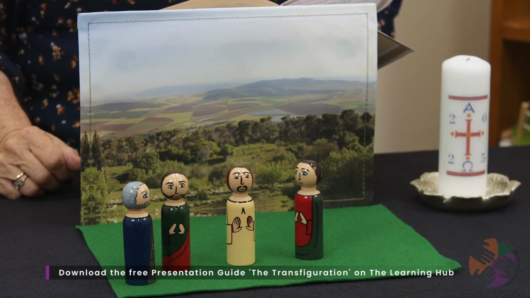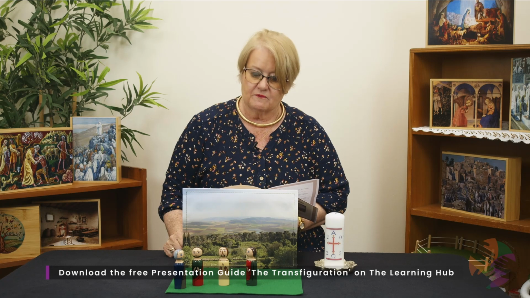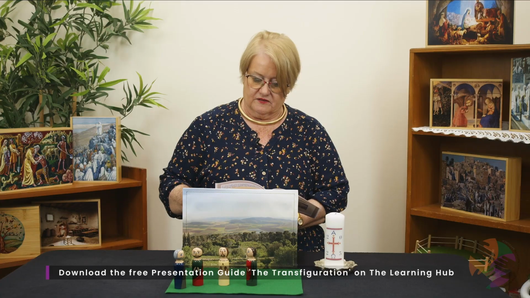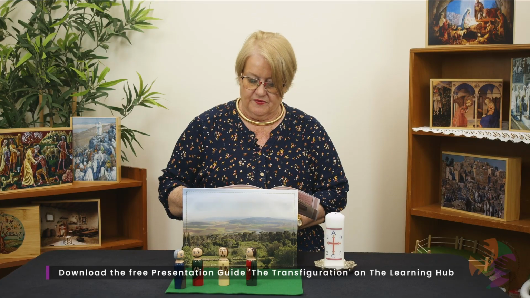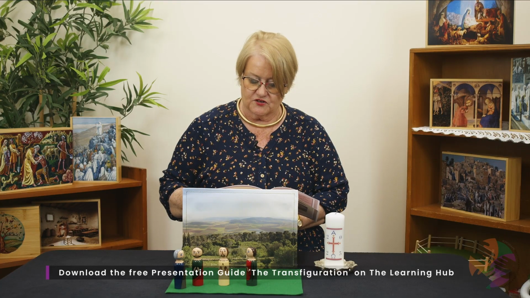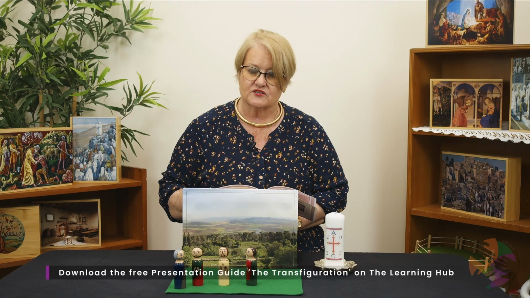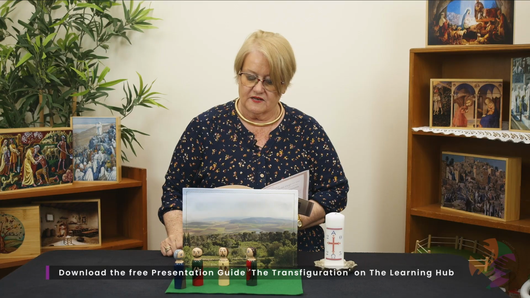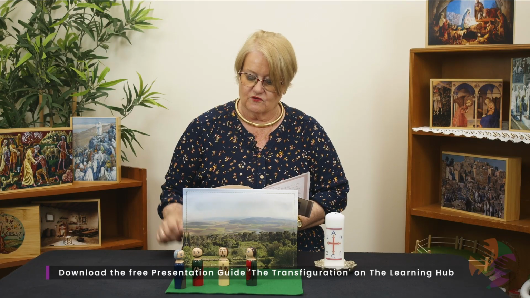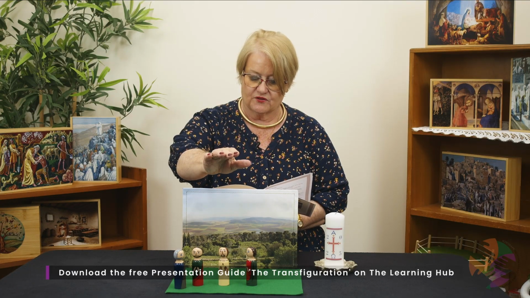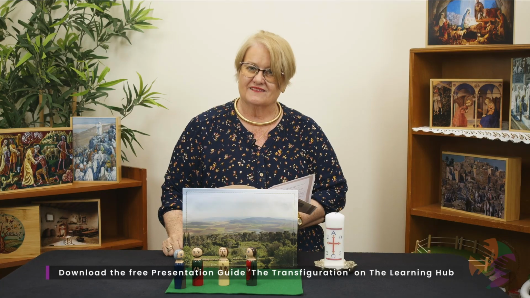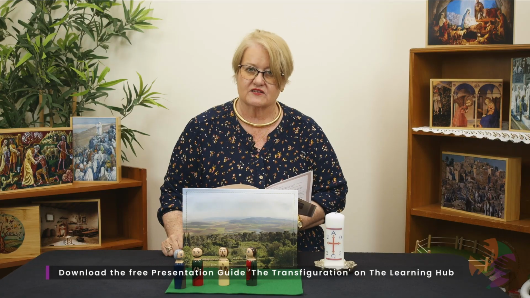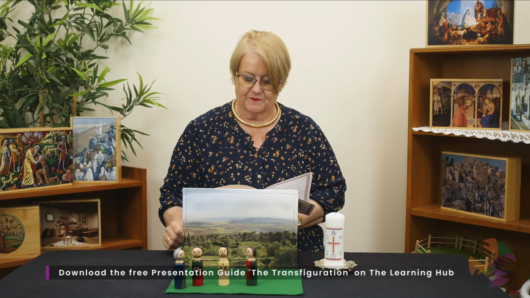I wonder what Jesus and Moses and Elijah may have been speaking of when they mention, as it says here, they spoke of his departure, which he was to accomplish at Jerusalem. I wonder what impact the words of God the Father would have had on the apostles. I wonder why the apostles kept quiet about the event for some time to come.